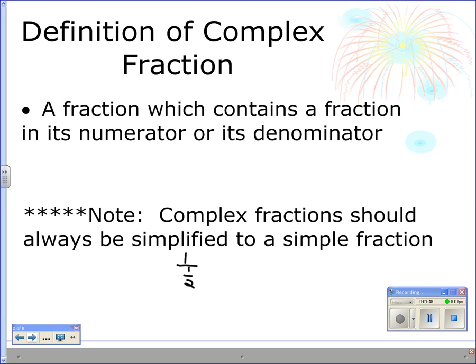Something like that is a complex fraction. You can't leave your answer like that. Does that make sense? Or something like that. Anytime it has more than one fraction bar, it's a complex fraction. Does that make sense?